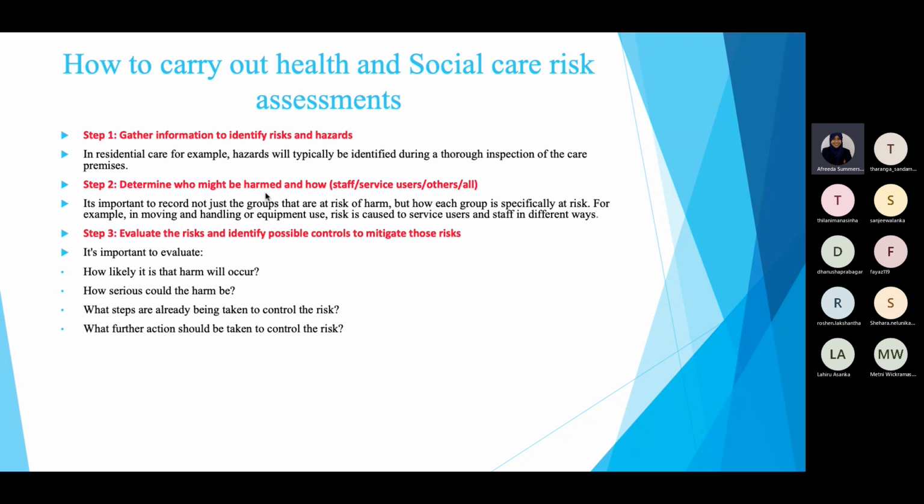So again, once you evaluate, let's say an emphysema patient or an asthma patient is having COVID, you evaluate how likely this harm is going to occur. Very high chance that the person can die because the person already has a weak lung. And how serious can that be? It is very serious.